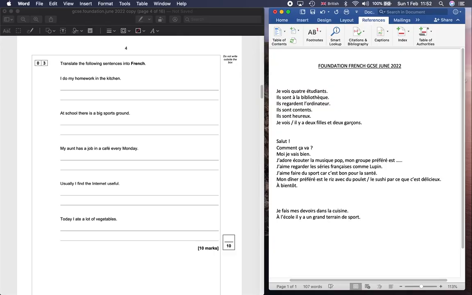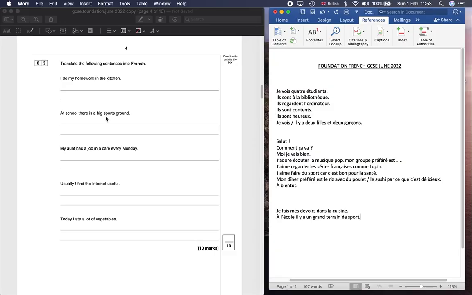And the thing that we need to remember is that in French, when you have the subject and then the adjective that describes the subject, it's like flipped around. So in English we say big sports ground. In French we say ground sports, basically.